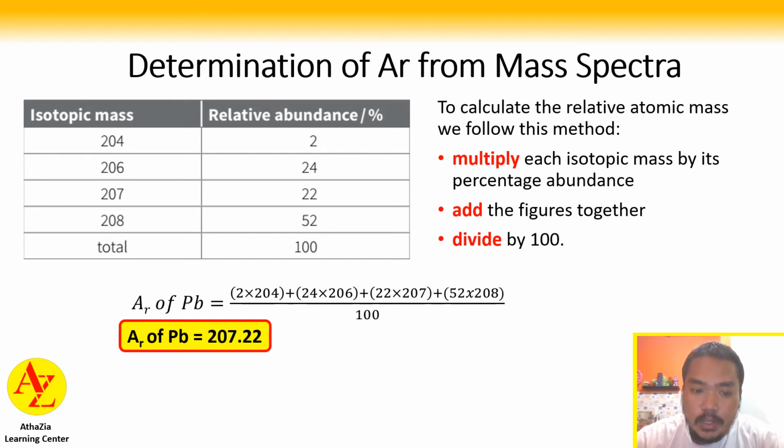If we don't use the average, it means that in real life Pb exists as these 4 kinds of isotopes, with the ratio between them as tabulated in these tables. So we need to use the average of the masses of these isotopes, which we call AR.